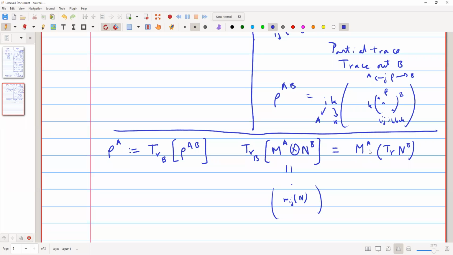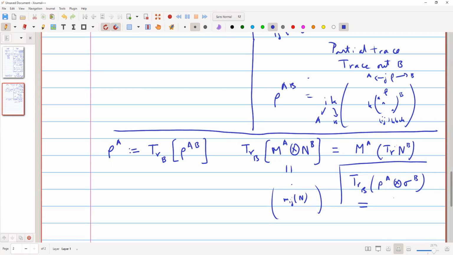Okay. So in particular, if I took density matrices, so if I had trace_B of rho_A tensor sigma_B, remember these are the analogs of the product probability distributions.